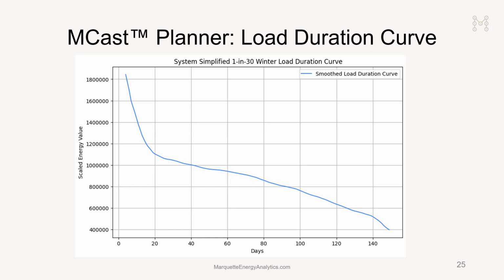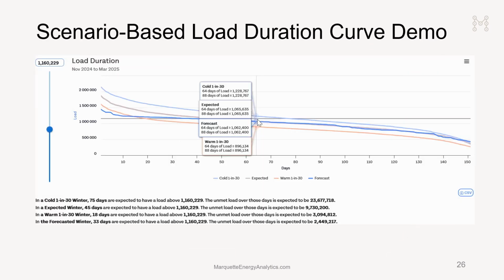Before concluding, I'd like to take some time to preview a more fully featured example of what a predictive load duration curve looks like in our MCAS Planner product. While this example uses a demo area's data, we'd be happy to set you up with insights tailored to one or more of your area's data. As you can see, MCAS Planner allows for side-by-side comparisons of warm and cold, forecasted weather, and average conditions scenarios.